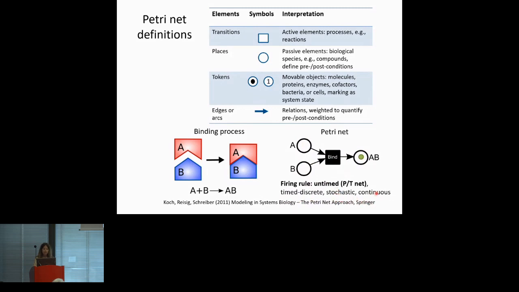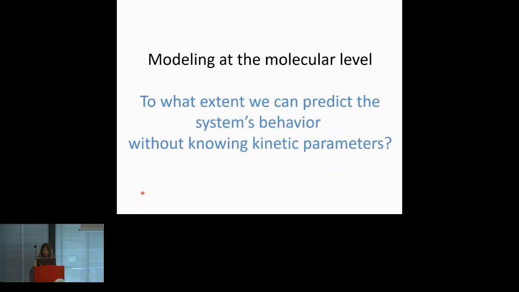Here we have to use ordinary differential equations and concentrations, so that goes into the kinetic modeling. So that are the most important things of the Petri net formalism. And if you are interested in more details, we edited a nice book on that topic.